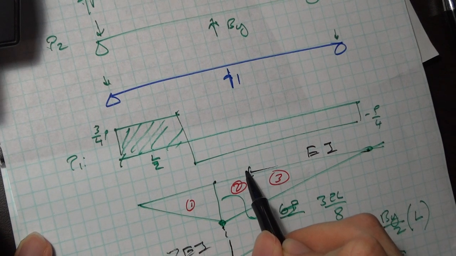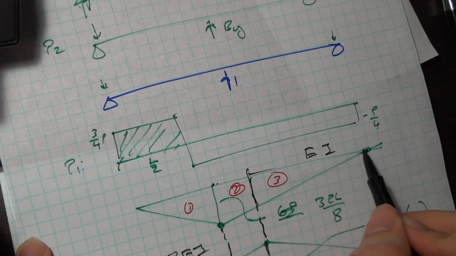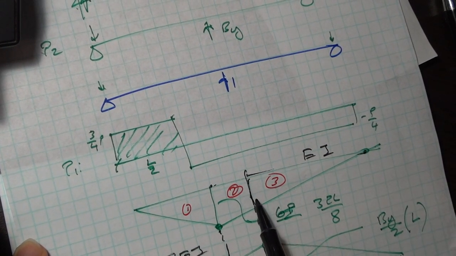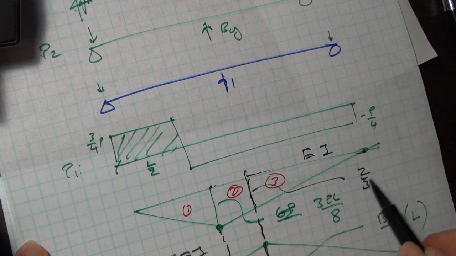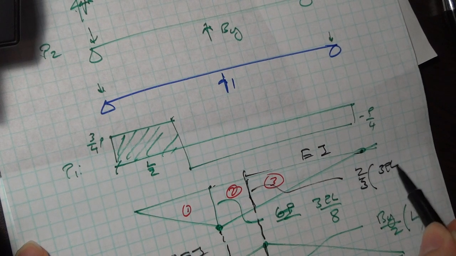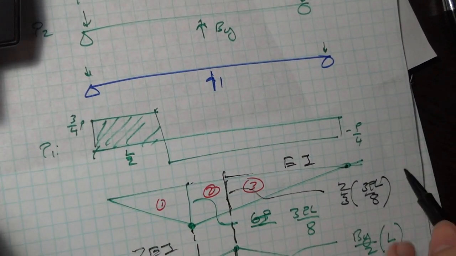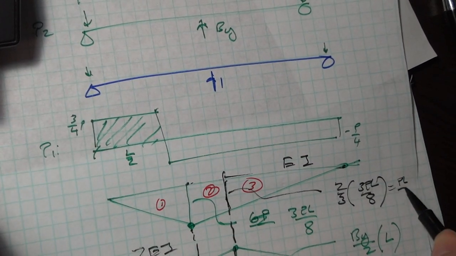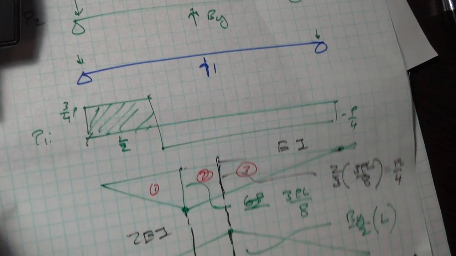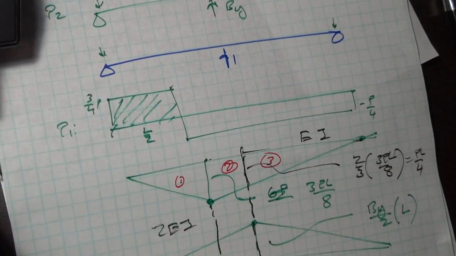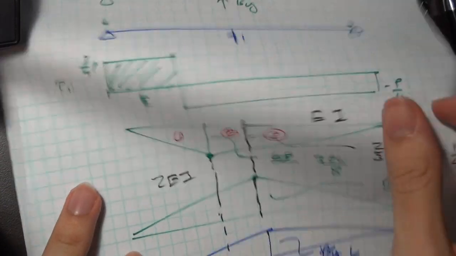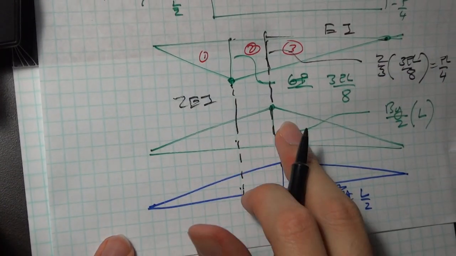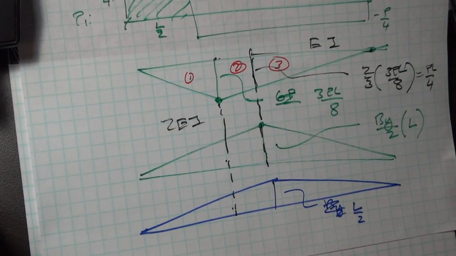If this is L, and this is 3L on 2, then this height is just 2/3 of 3PL on 8, or this is equal to PL on 4. And then I'm going to do something similar here. This one is going to be half this one. This one will be half this one. So it's really not too much work.